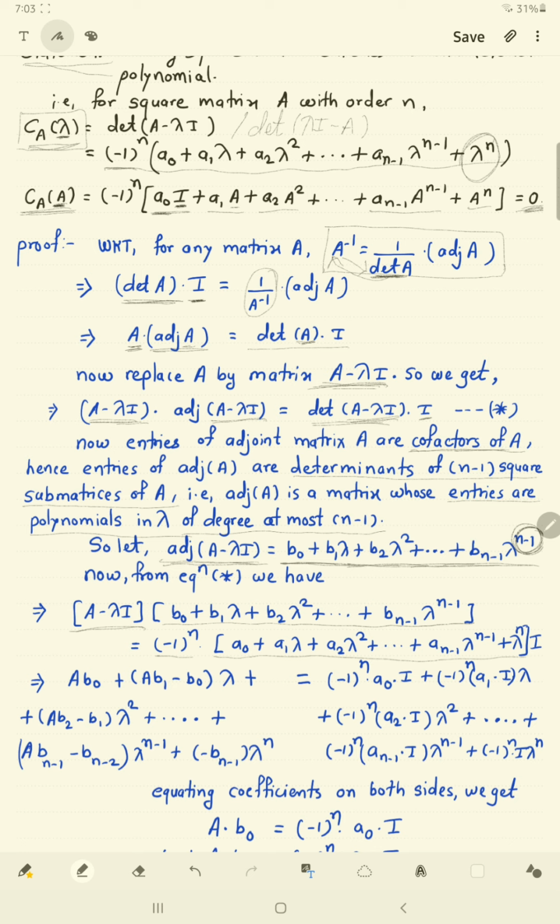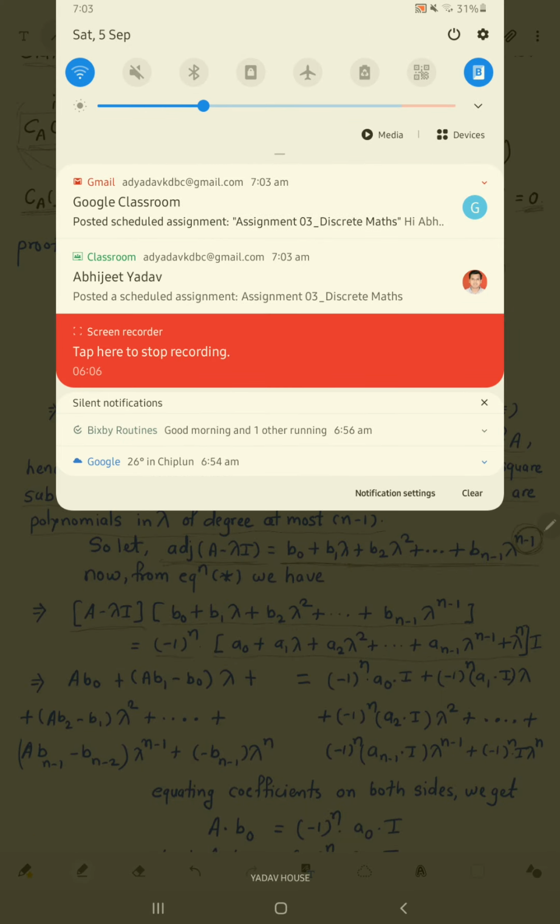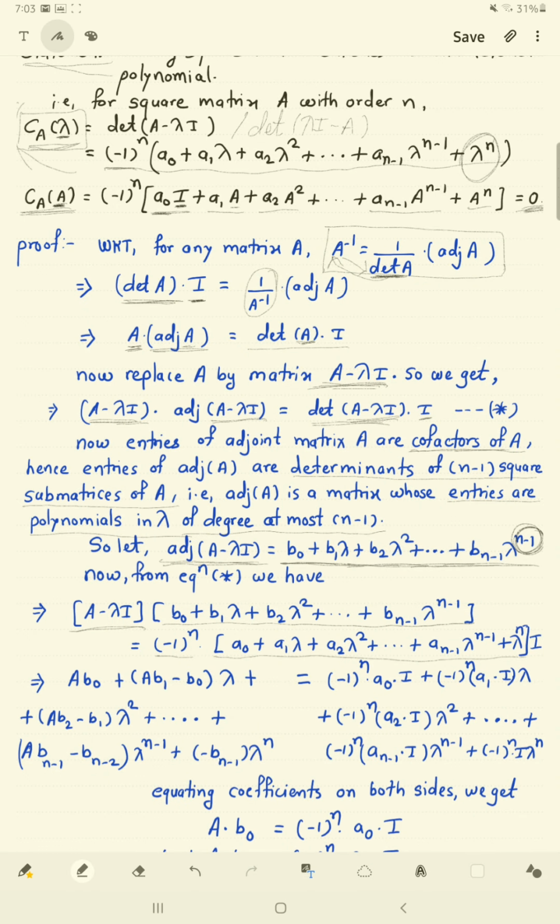Determinant of A minus lambda is nothing but the characteristic polynomial. So I replace it by the characteristic polynomial into I.